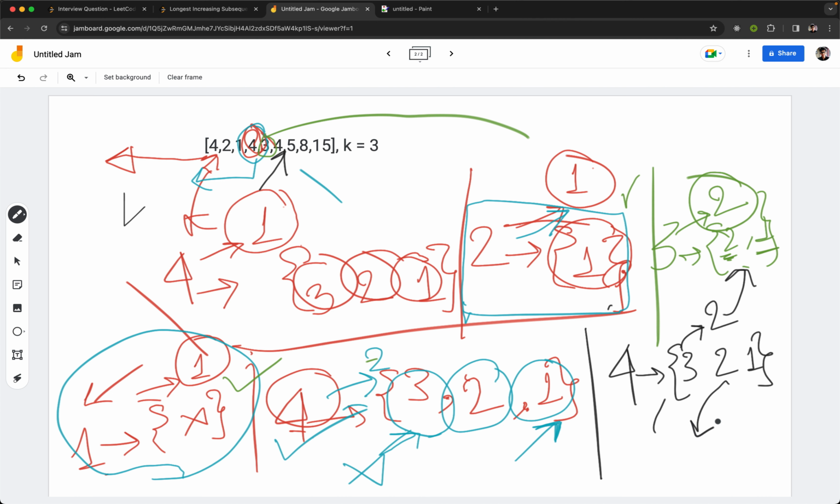Now what is the maximum length if I include 2, or what is the maximum length which has 2 at the last? If you see, it is just 1, as we have calculated in this step, and there was no further 2 in the later stages so that it could be updated, right? So if we have 2, it is just 1. If we have 1, it is again 1.